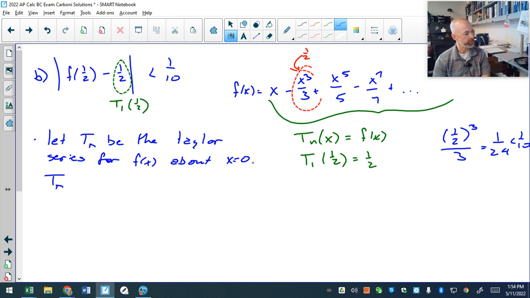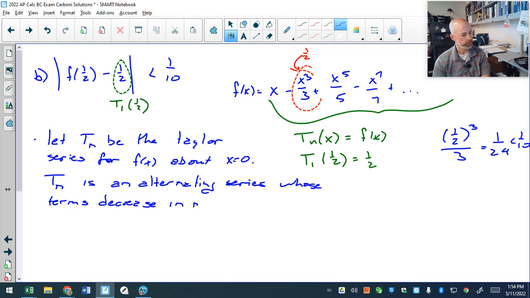And then I'm going to say T sub n is an alternating series whose terms decrease in magnitude to 0. Boy, I hate writing this sentence, but sometimes I like to see this. And so basically I'm just putting your alternating series test in words.